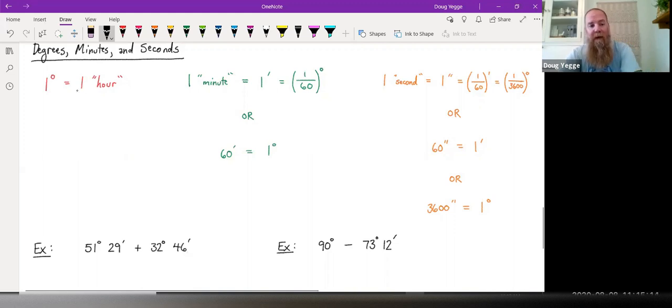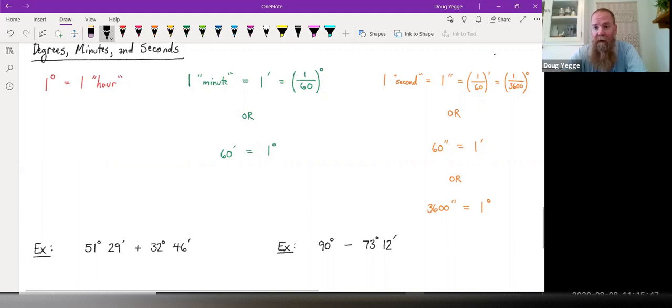If we were to think about this symbol of a degree up here being an hour, then we could consider 1 minute, this little single apostrophe, as being 1/60th of a degree, which makes sense if you think about it in terms of time, because a minute is just 1/60th of an hour. So in other words, if we were to take 60 minutes total, I would end up getting a single degree. That tiny little sliver of a degree is made up of 60 minutes.